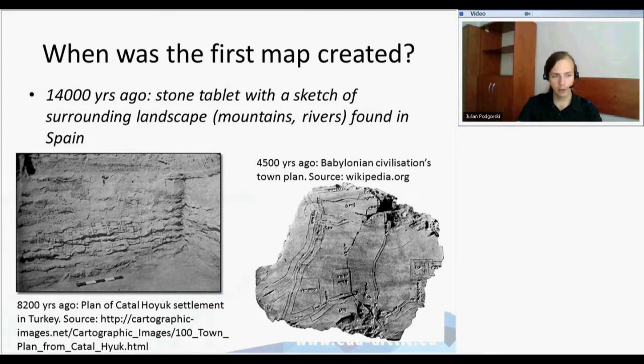So 8,200 years ago, so 6,000 years before the current era, in the very first city on Earth, Çatalhöyük in Turkey, archaeologists found a plan of this town sketched on a clay wall.